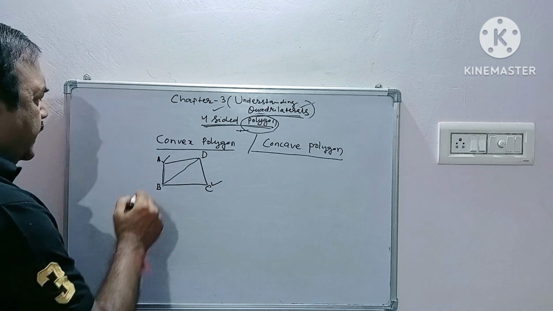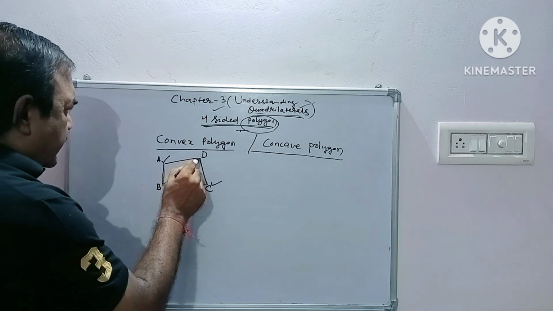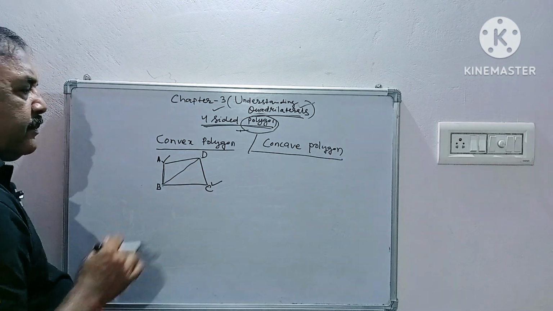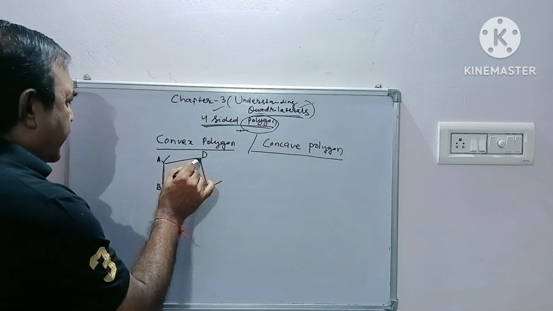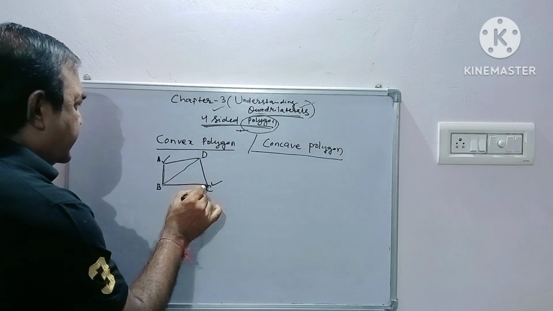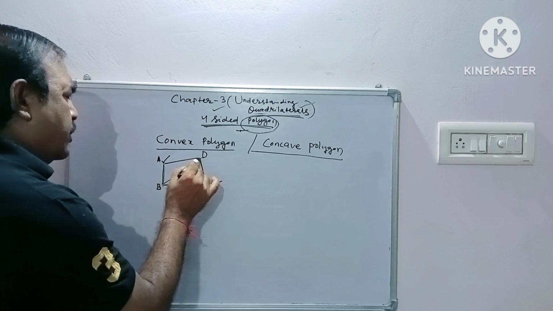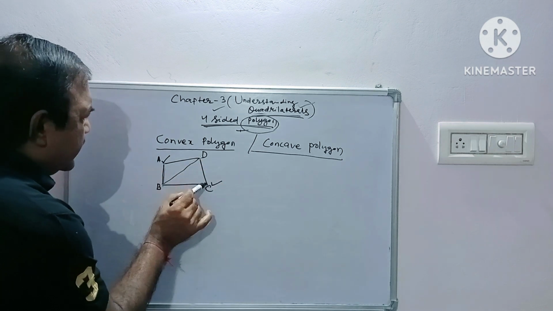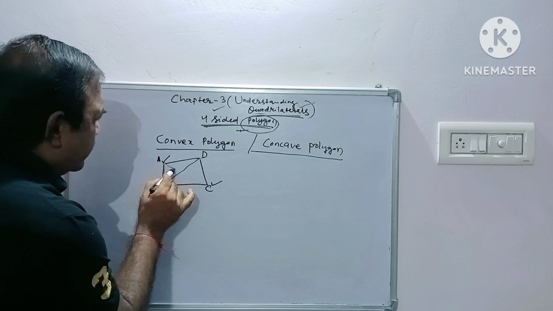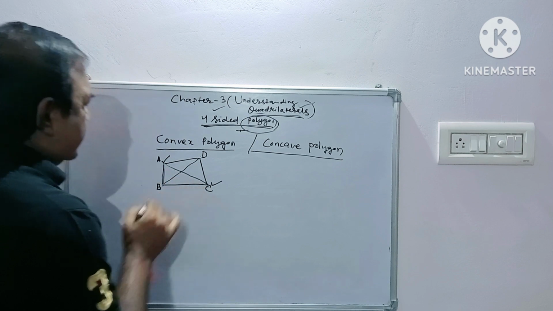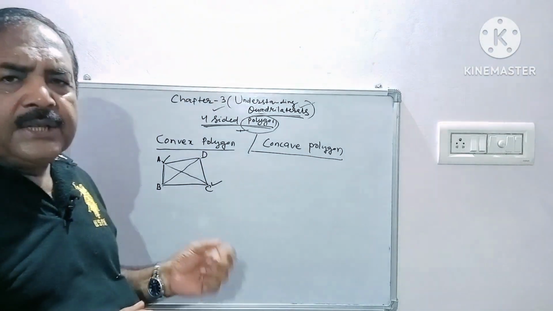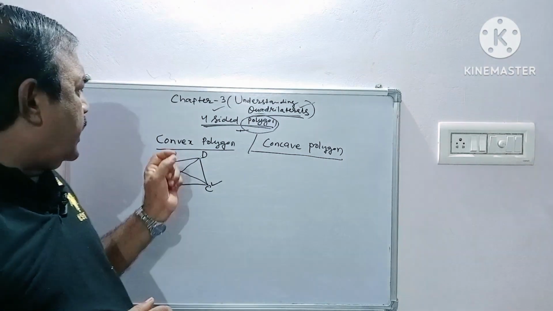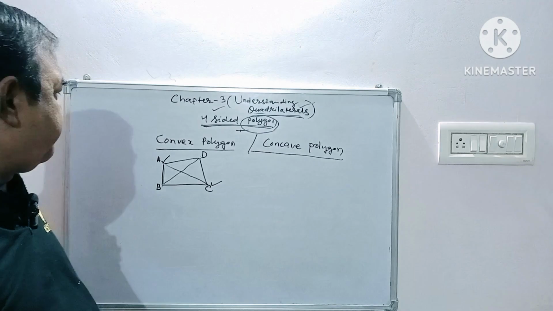This is a diagonal because both the point B and the point D are non-consecutive points. For the point A, B and D are consecutive points. For point C, both B and D are consecutive points, but both A and C are non-consecutive points. So you join them with the help of the ruler. This is a diagonal. So what is a diagonal? It is a line segment joining two non-consecutive points.